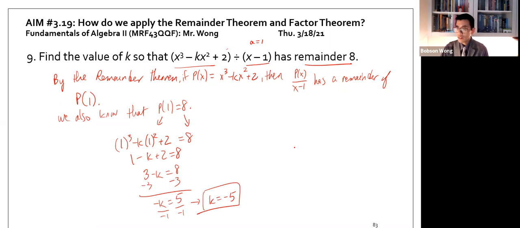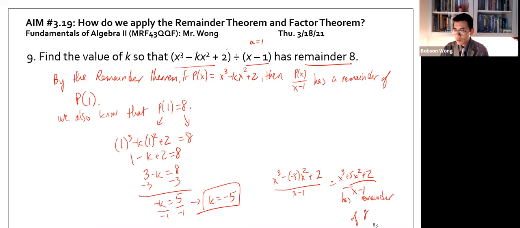So that tells us that x to the third minus negative 5x squared plus 2 divided by x minus 1, which is x to the third plus 5x squared plus 2 divided by x minus 1, has a remainder of 8. So our answer here is k equals negative 5.